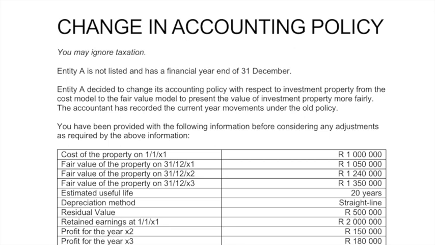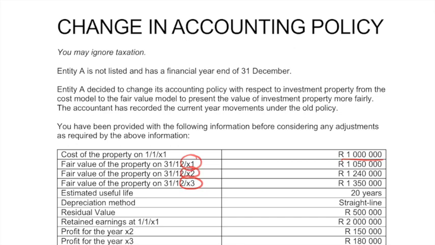Okay, so we have been provided with the following information before considering any adjustments as required by the information above. So the cost of this property on the 1st of Jan X1 was 1 million. Then we are given the fair value of the property for the end of X1, X2 and X3.